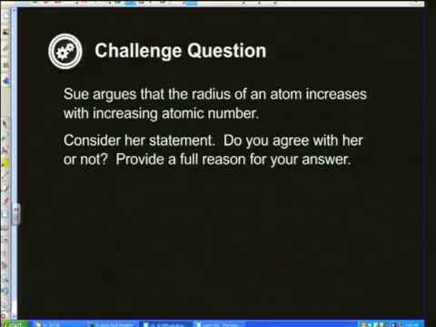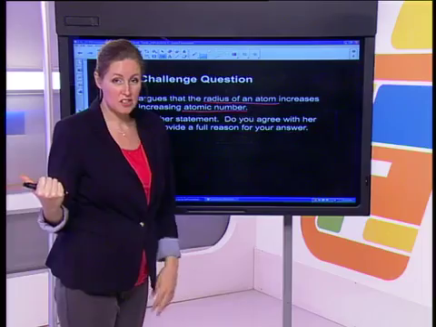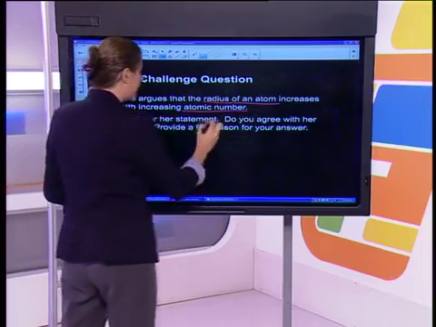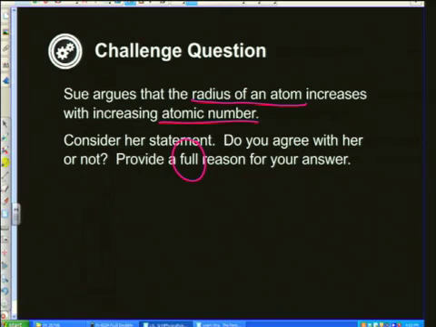Sue argues that the radius of an atom increases with increasing atomic number. So her comment is that as the atomic number goes up, the radius goes up. Well, consider her statement. Do you agree with her or not? So you can say, yes, she's true, or no, she's false. Provide a full answer, and my hint there is full. It needs to be a very well thought out answer.